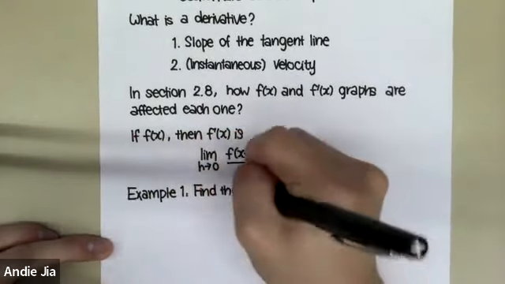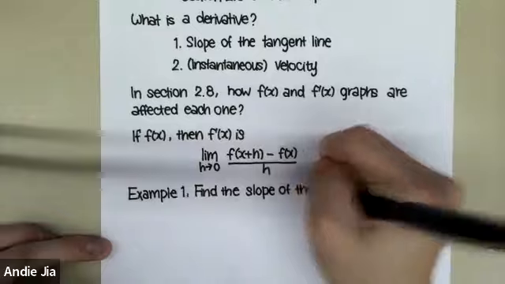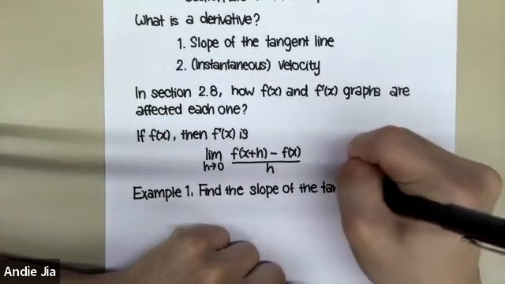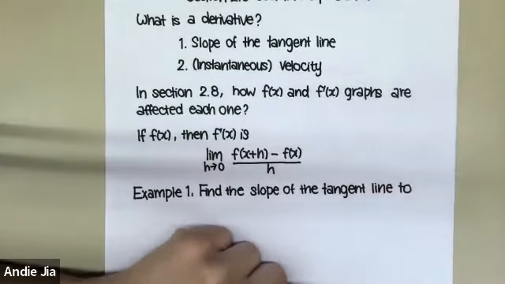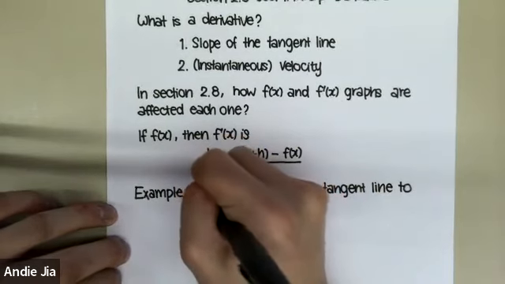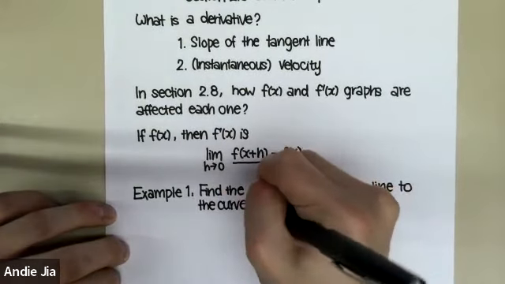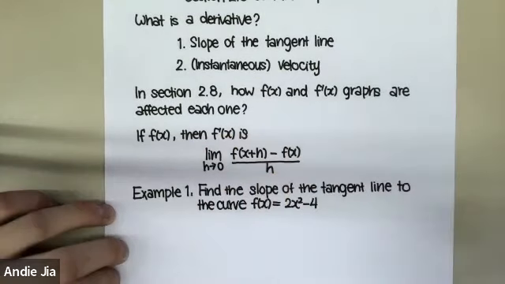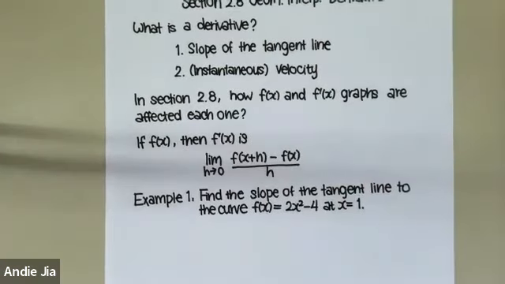Find the slope of the tangent line to the curve f of x equals 2x squared minus 4 at x equal to 1.